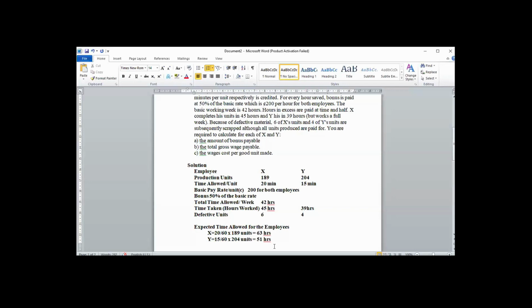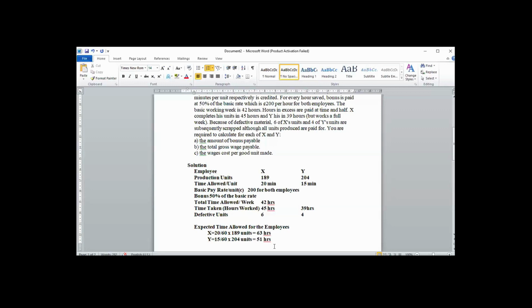Yes. But the time given to you per unit, based on the quantity you produce, means you are meant to use 63 hours as X. But you still end up using 42 hours.